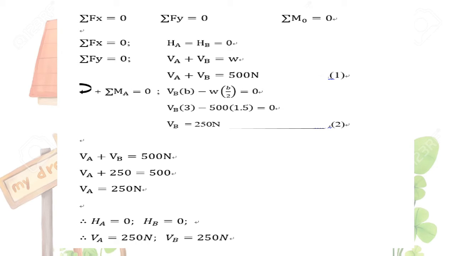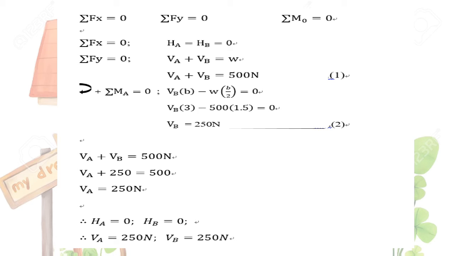Then we take moment at A. VB times distance B minus W times B divided by 2 equals 0. Substituting the values, VB times 3 minus 500 times 1.5 equals 0, and we get VB as 250 Newton.